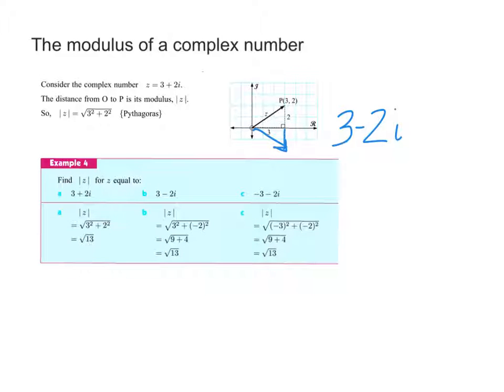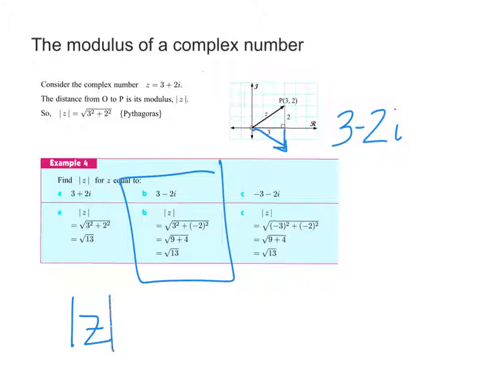But it has the exact same information here because when we square that negative 2, we get positive 4, just like when we square positive 2, like right here. So the cool thing that we can see in this example, and it becomes true for all situations, is that the modulus of z will be equal to the modulus of z star.